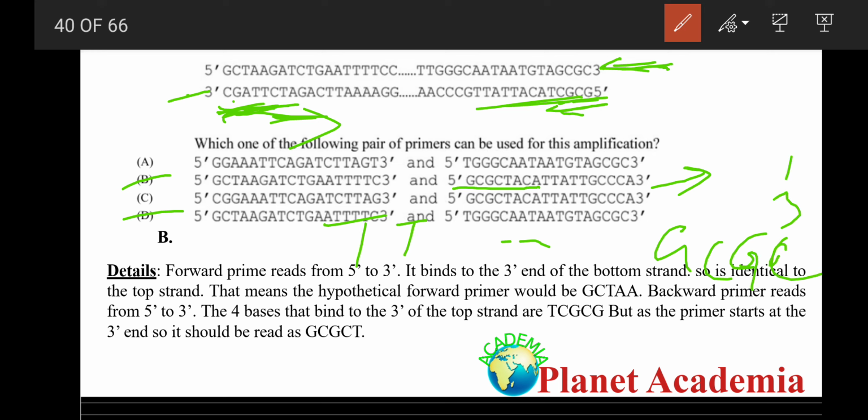So 5' will be G. So the new strand will be read from here, G C, from 5'. See here in the 5' we have GCGC. So that's why this is the right option, and this is option B. So B is the correct answer.